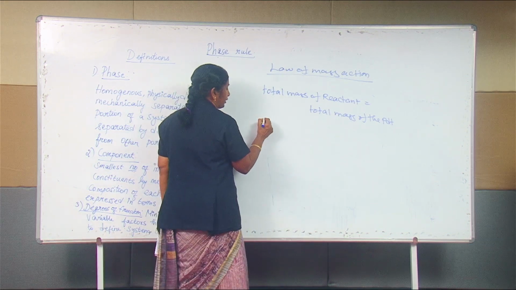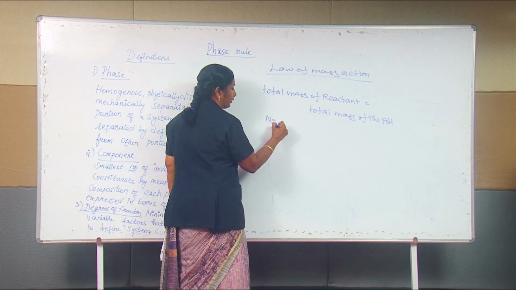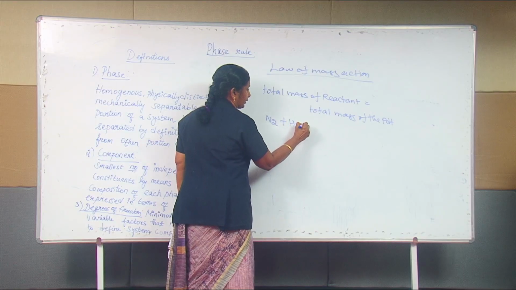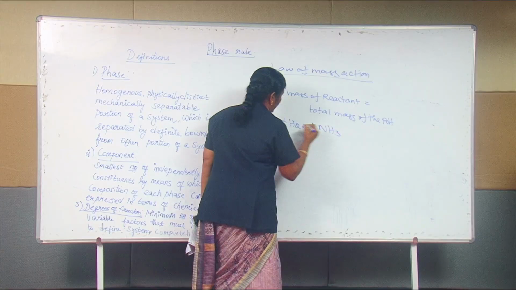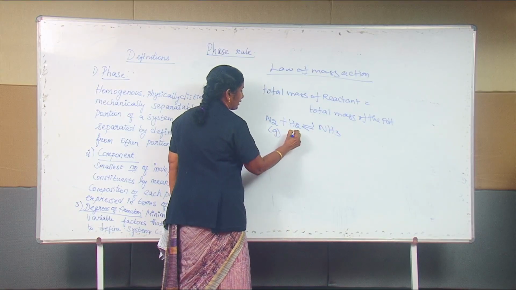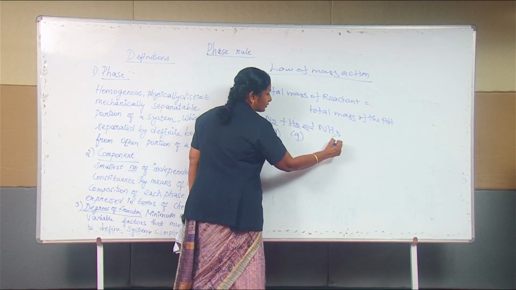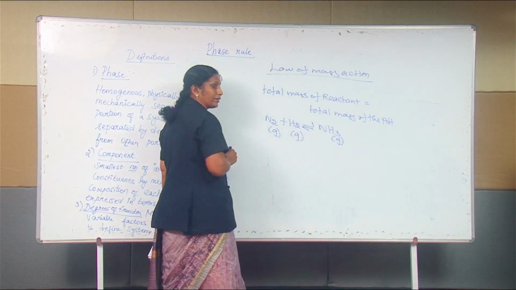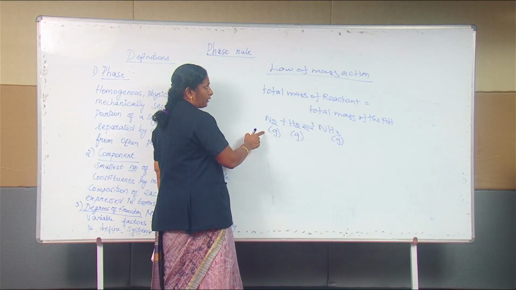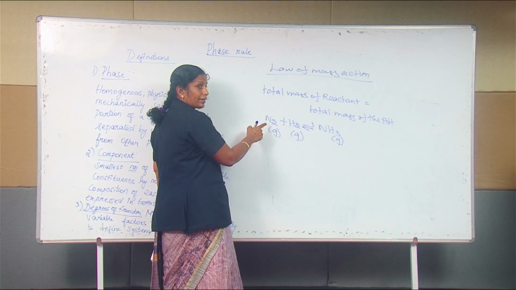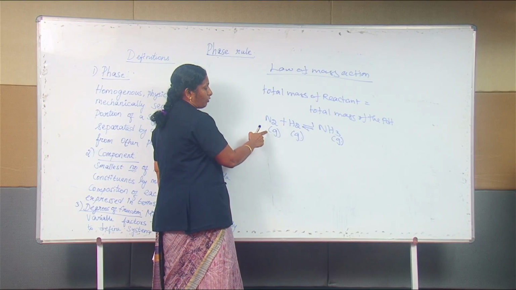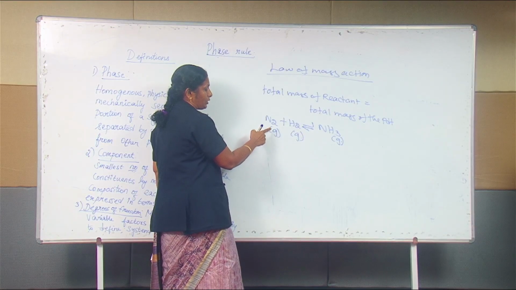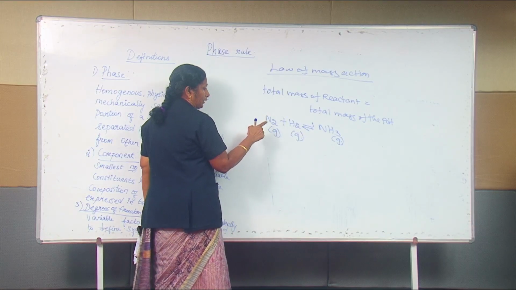For example, we'll take the same example, nitrogen plus hydrogen gives ammonia. Here nitrogen is in the gaseous state, hydrogen is in the gaseous state, and ammonia is in the gaseous state. This equation is an example of a homogeneous reversible reaction. Now apply the law of mass action to this equation.